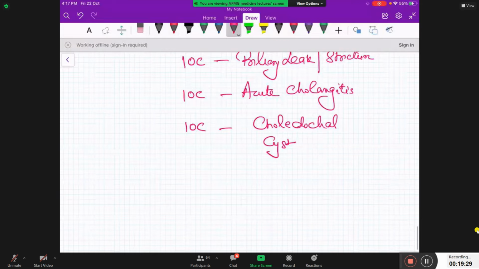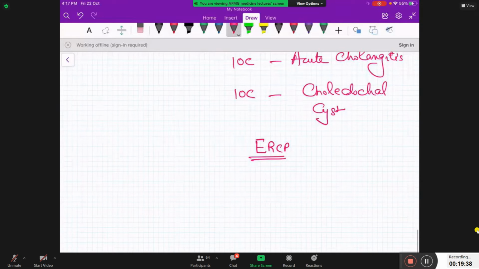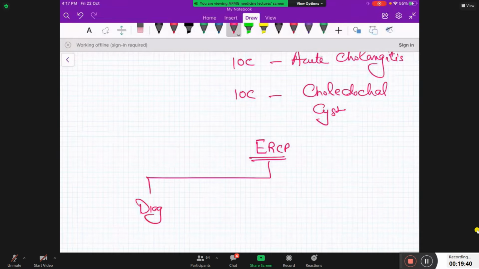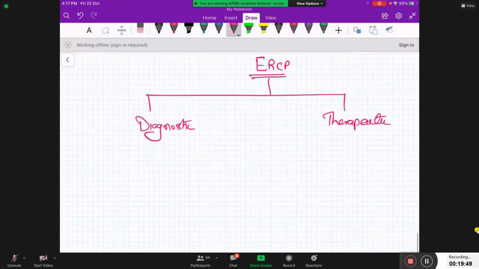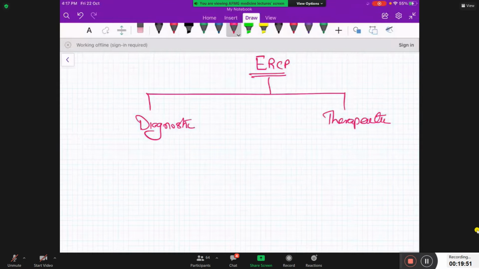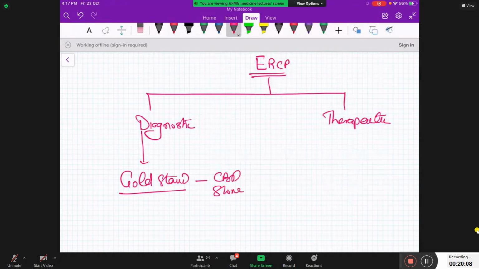Then comes ERCP. ERCP can have a diagnostic advantage, can have a therapeutic benefit also. Now, what are the diagnostic advantages? It is a gold standard investigation for CBD stones.